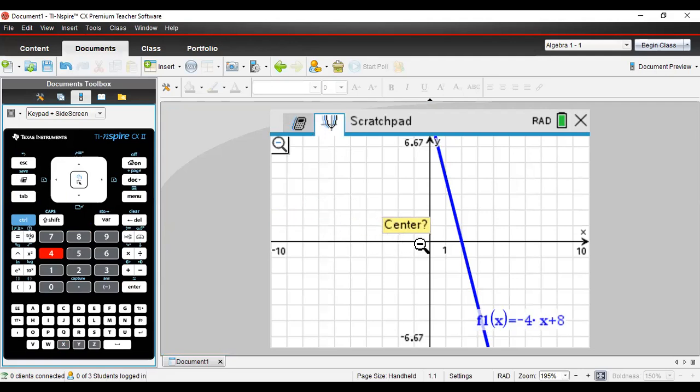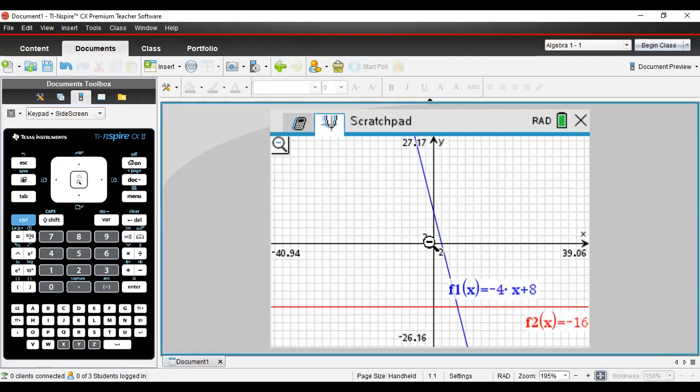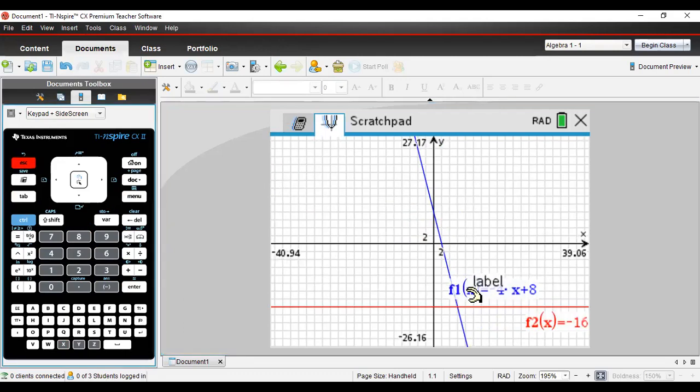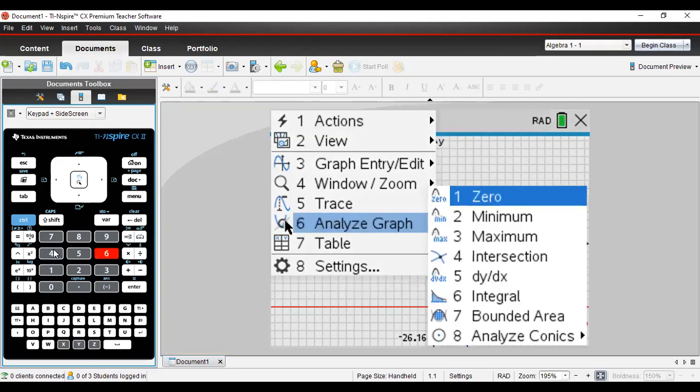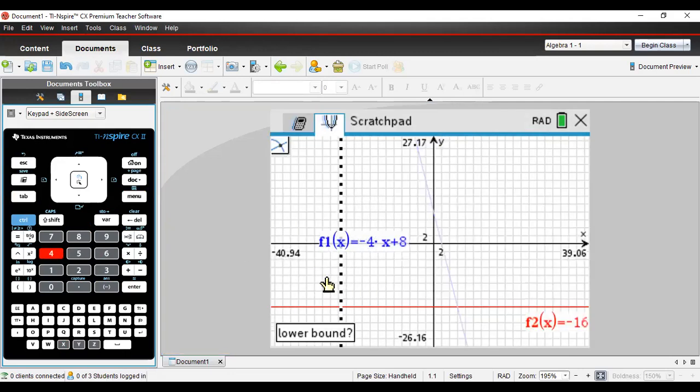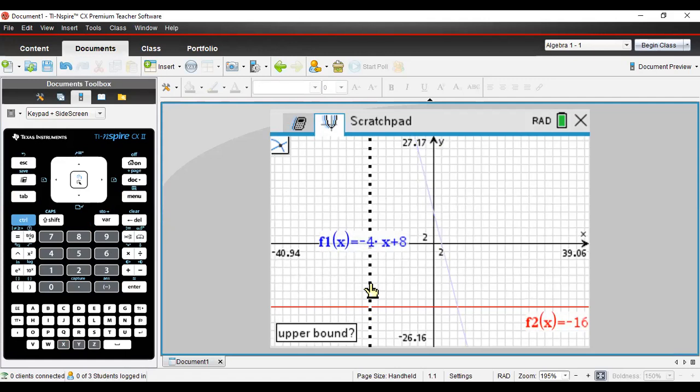Remember, we've got to see the intersection before we can use it. There it is, it's in the window now. So let me move this out of the way. I'm going to do menu 64, menu 64. Start at the left, pull it to the right, and there is our answer. So the answer is 6.